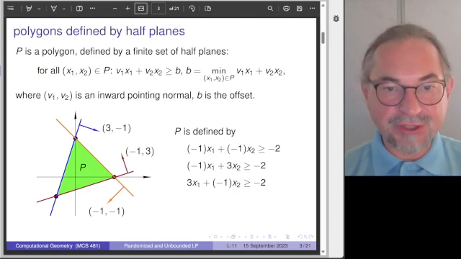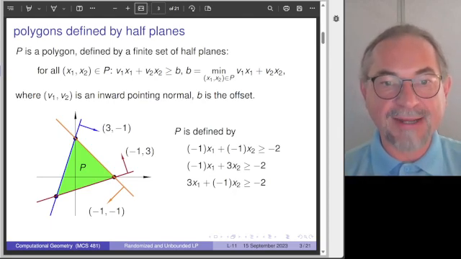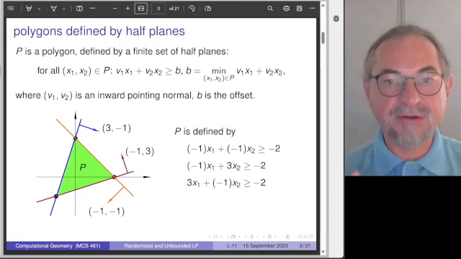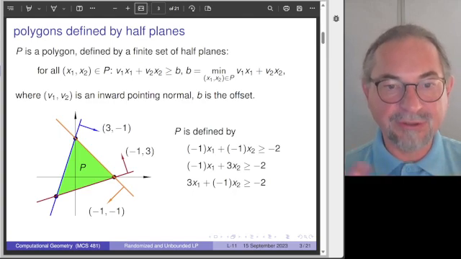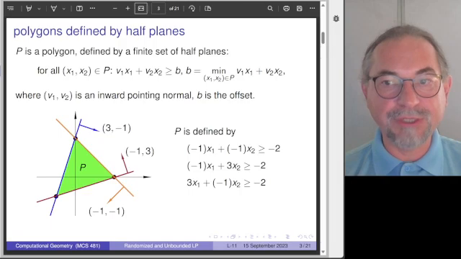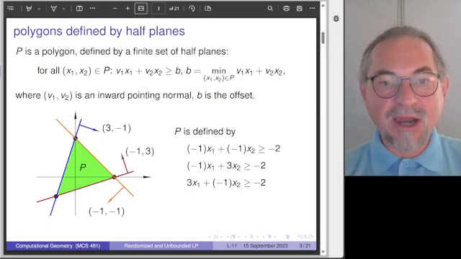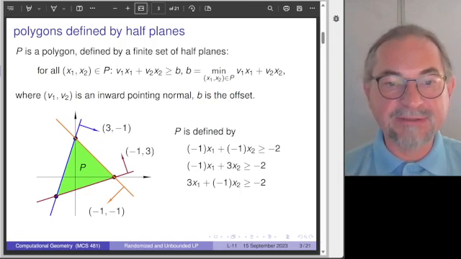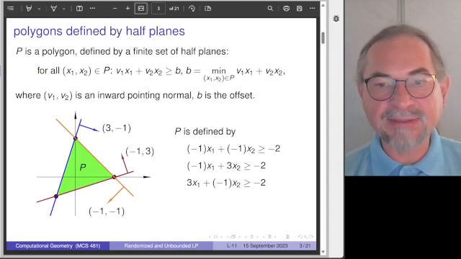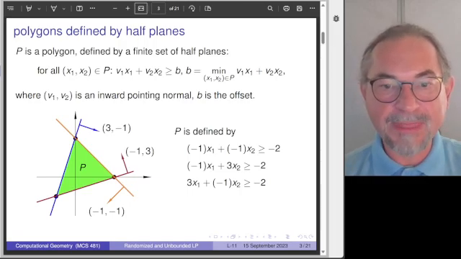So here in the picture, we have a simple triangle spanned by 3 points and 3 edges, although the green region, the polygon P, is cut out by 3 half planes. I have indicated the inner normals, so (1, 1), and this corresponds to the first inequality here.